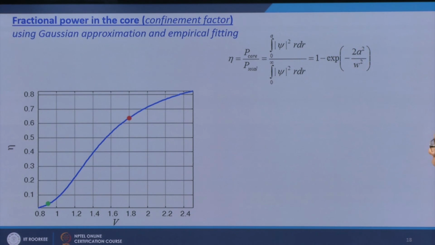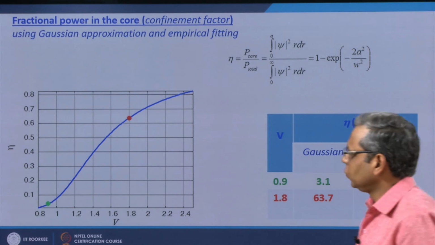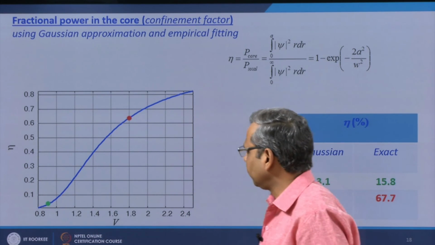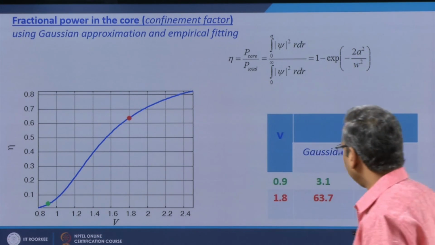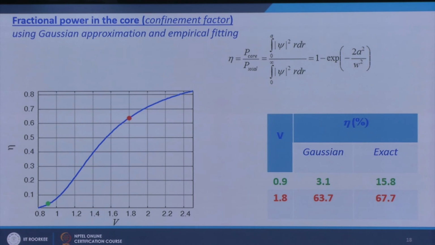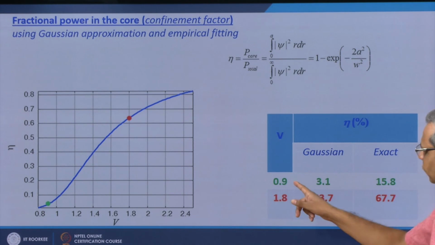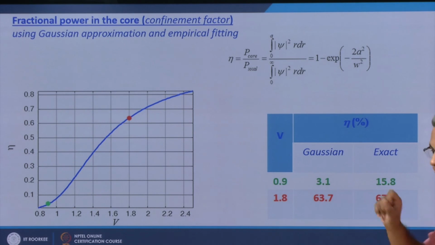To find out how accurate it is, I again take two representative points, at V equal to 0.9 and at V equal to 1.8. I find that at smaller values of V there is a huge discrepancy.